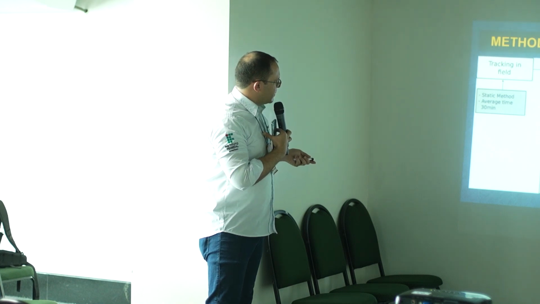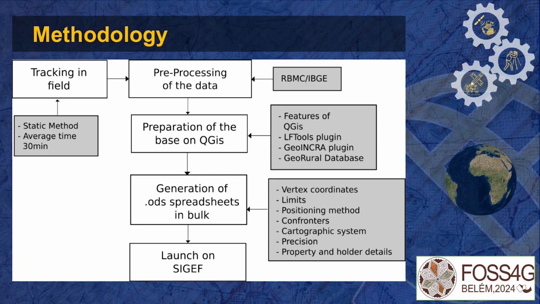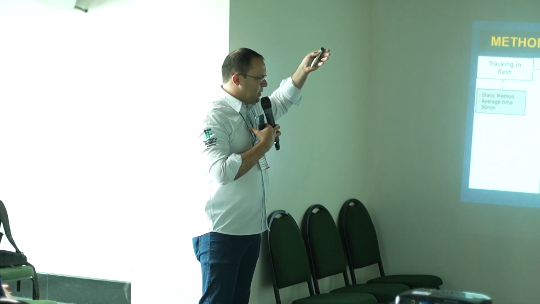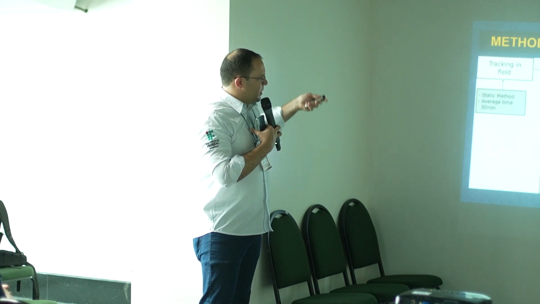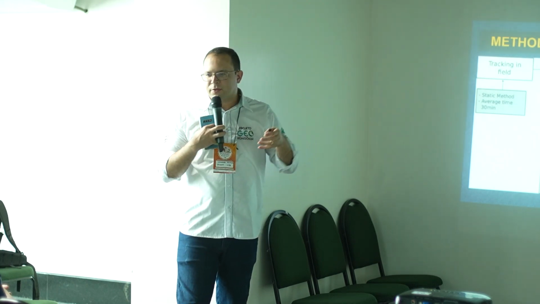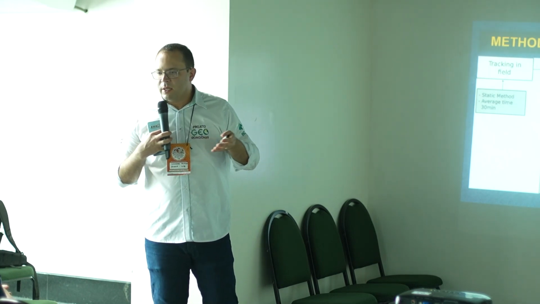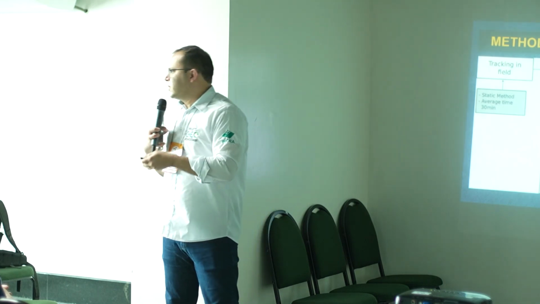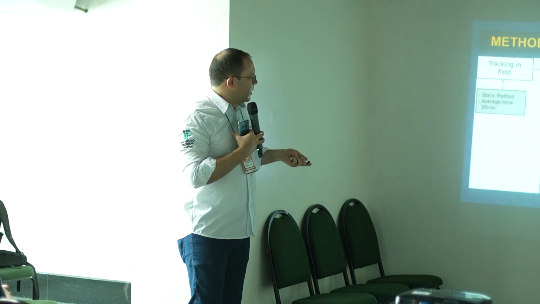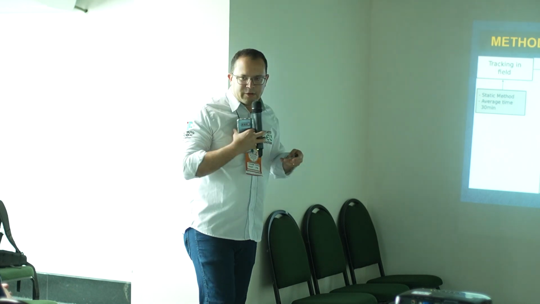Here you can see, to feed the ODS spreadsheet, we need some layers, like the limits, point limits, the method that was used in the survey, the precision for each coordinate, and the cartographic system.